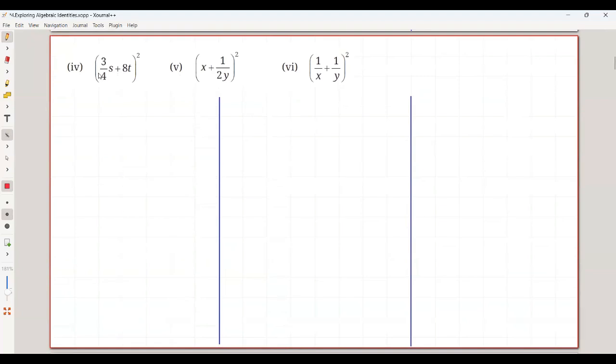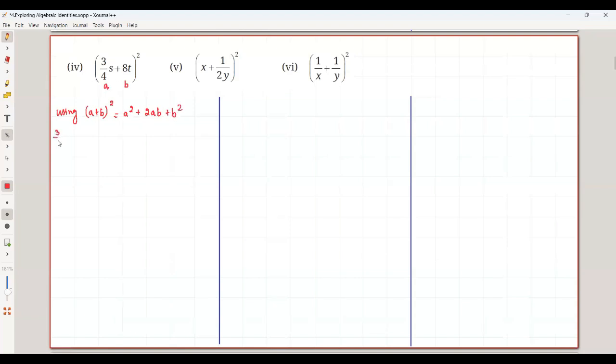So now the fourth question. Here I can just take this as the a value and this as the b value. So a is equal to this, b is equal to this. Using the formula a plus b the whole square is equal to a square plus 2ab plus b square, replace the values.